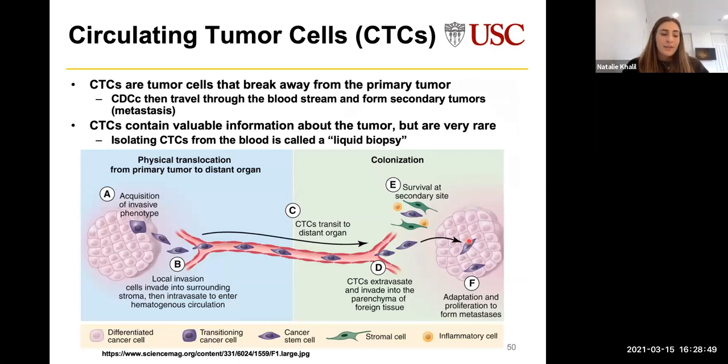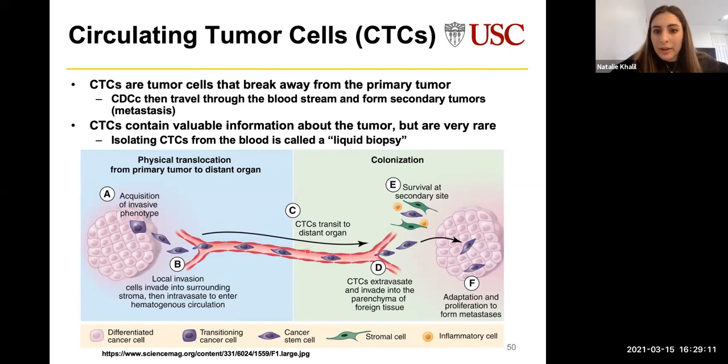Okay, so sort of the last application we'll talk about today is to study circulating tumor cells. So circulating tumor cells, if you look at the schematic, are tumor cells that break away from the primary tumor site. They intravasate or enter the bloodstream and then enter circulation.